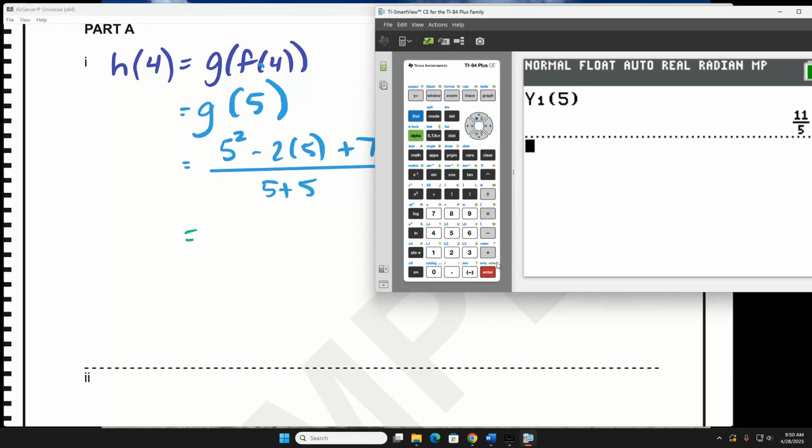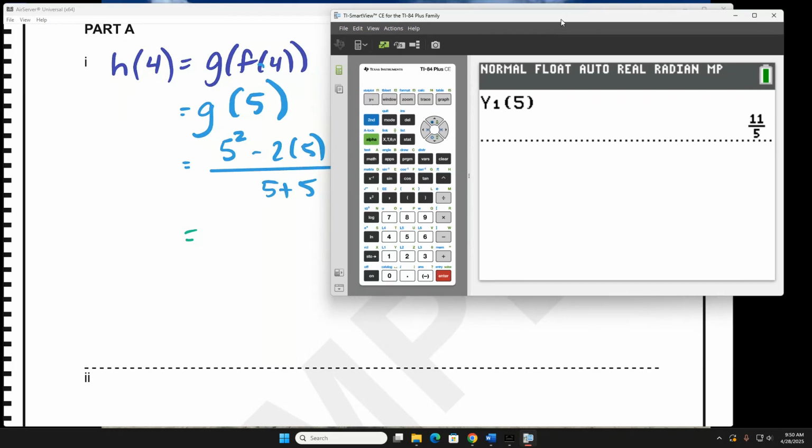Now be careful. The question says that we want to give the decimal approximation. And because of the way I typed it in, I didn't get a decimal, I got a fraction. So if this was a question and you put 11/5, you would get nothing, unfortunately. To find what 11/5 is, you have a couple options.